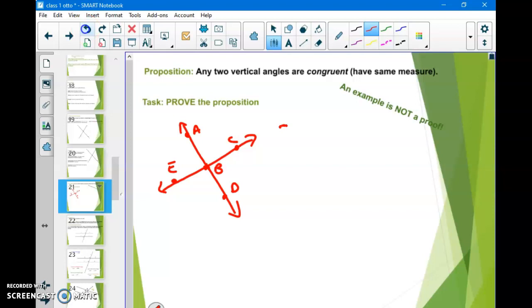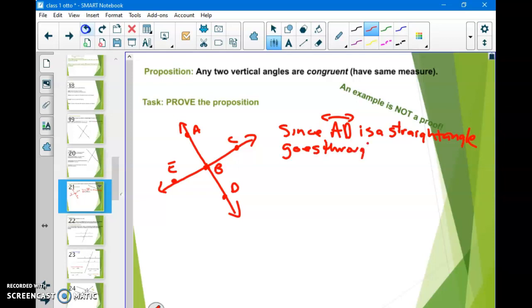I'm going to start out with, since line AD is a straight angle and it also goes through B, it would have to equal 180 degrees, because a straight angle equals 180 degrees.